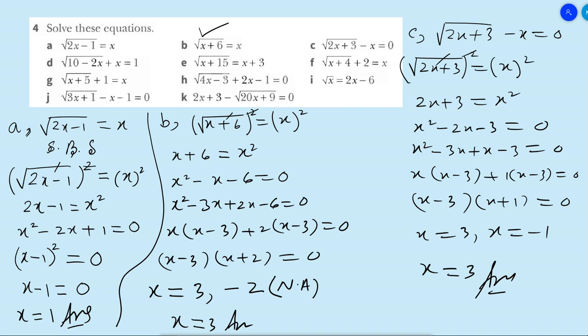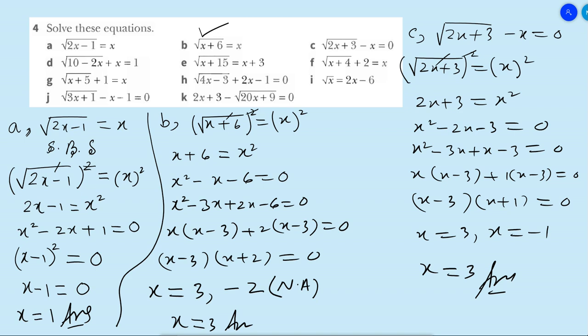Why? You can just put both values of x in the question. If you put x is equals to 3 in part C, 2 times 3 is 6, 6 plus 3 is 9, square root of 9 is 3, 3 minus 3 is 0, 0 is equals to 0. Satisfied. And if you put minus 1 in the question, 2 times minus 1 is minus 2, minus 2 plus 3 is 1, square root of 1 is 1, and 1 minus minus 1 is 1 plus 1, which is 2, and 2 cannot be equals to 0.